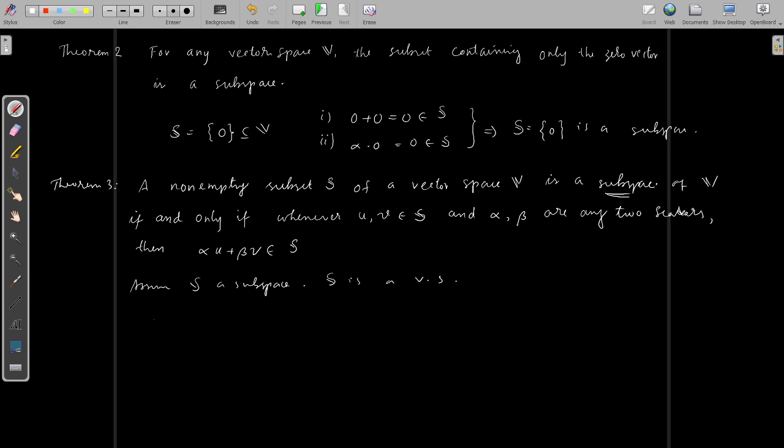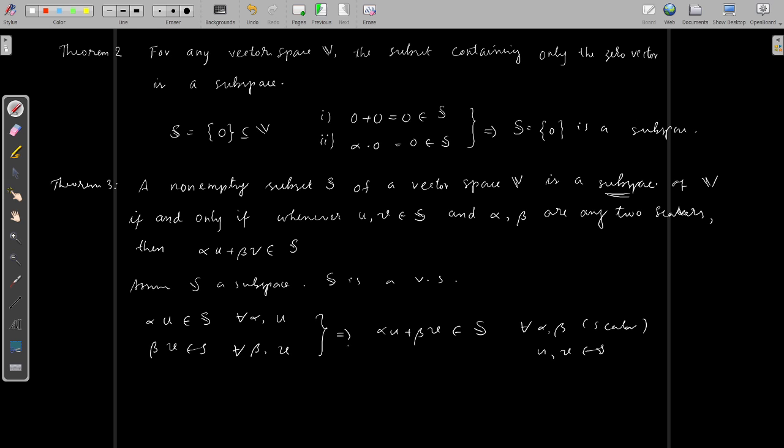As it is a vector space, alpha times u belongs to S for all alpha and u. Similarly, beta v belongs to S for all beta and v. So from these two, we can write alpha u plus beta v belongs to S for all scalars alpha, beta and u, v belonging to S.